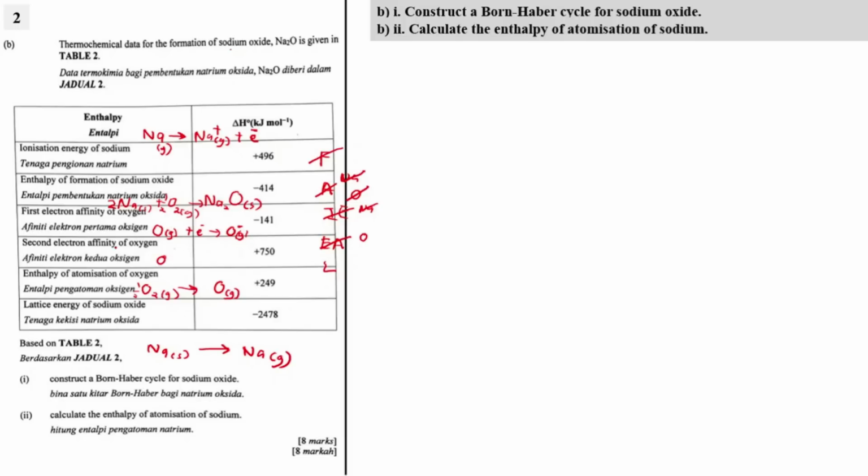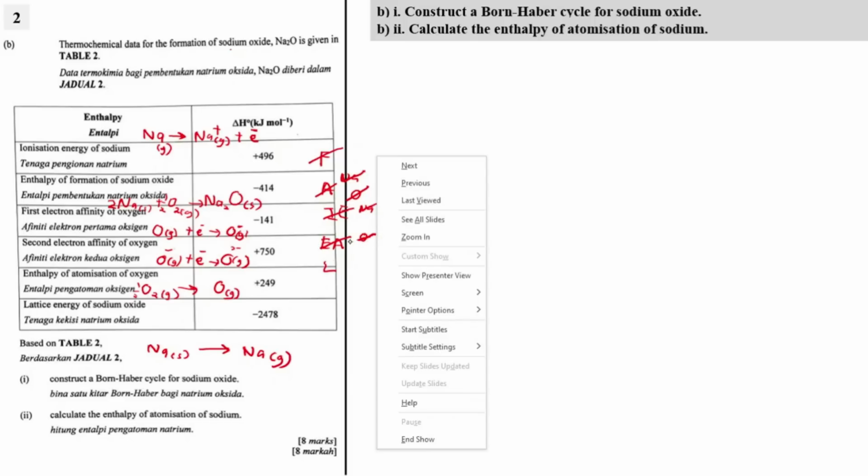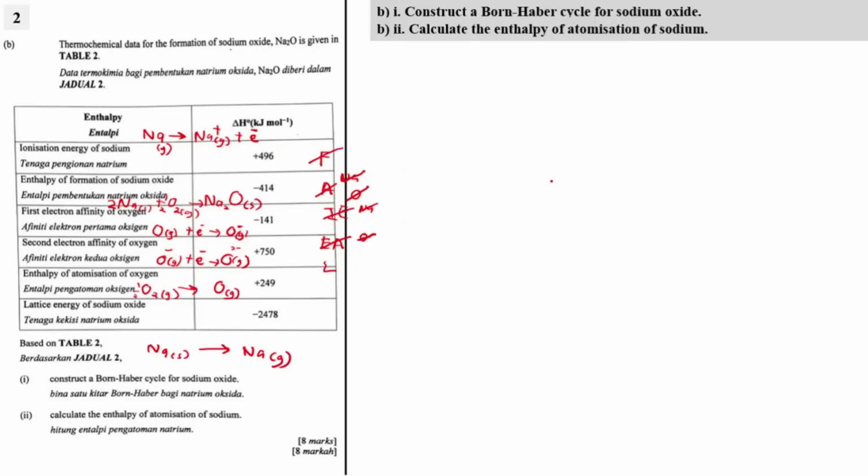Now we need to do the second electron affinity. So O minus gaseous plus another electron will become O2 minus gaseous ion. So we have done with that. Now we need to do the lattice energy of the sodium oxide.